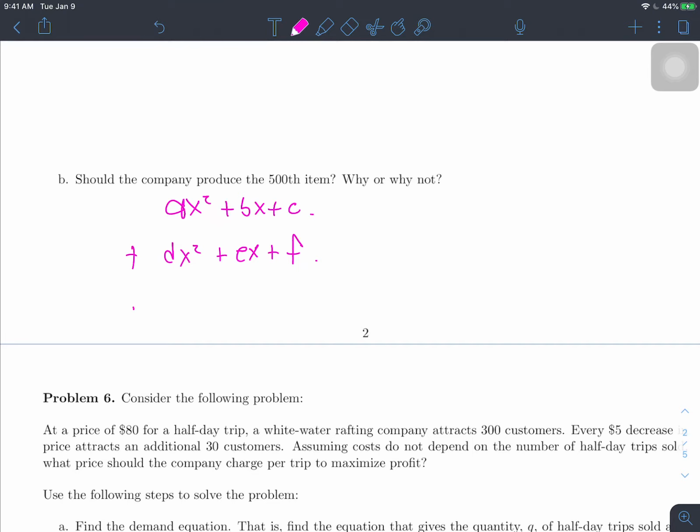What am I going to get? I'm going to get a plus d times x squared plus b plus e times x plus c plus f. Still a polynomial.